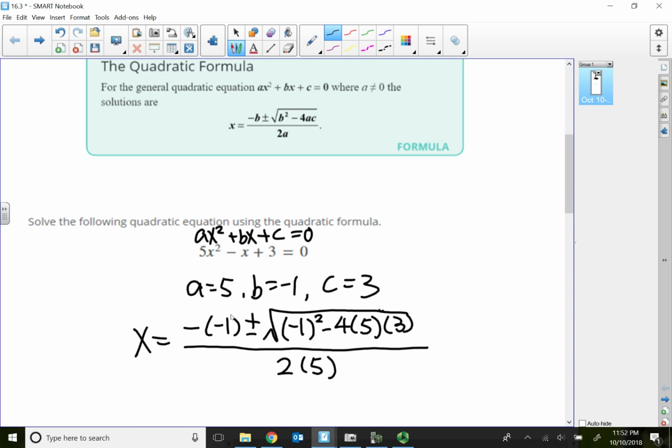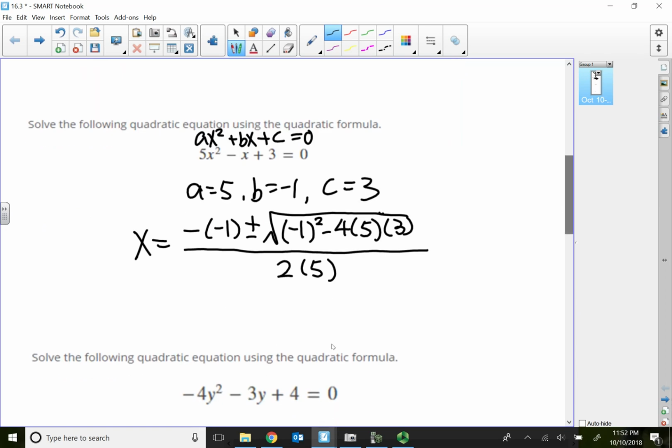Every letter I substitute, I put in parentheses in case it's negative. If you do not put parentheses on this negative 1, which is b squared, the answer will come out wrong. If you make a mistake using the quadratic formula, either you wrote it out incorrectly or you simplified the radical incorrectly.